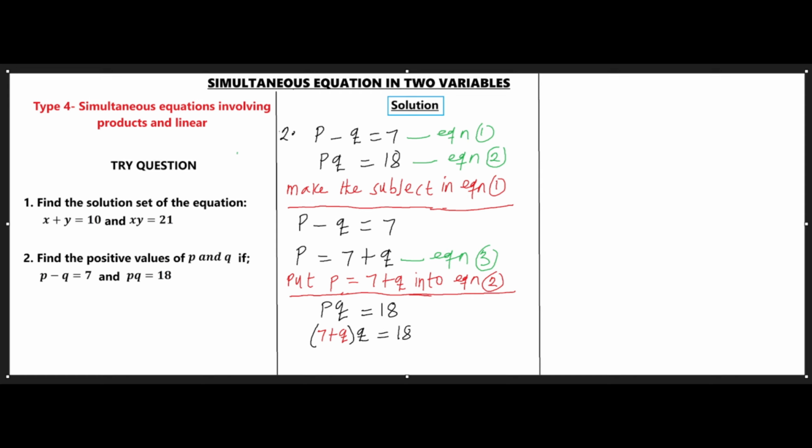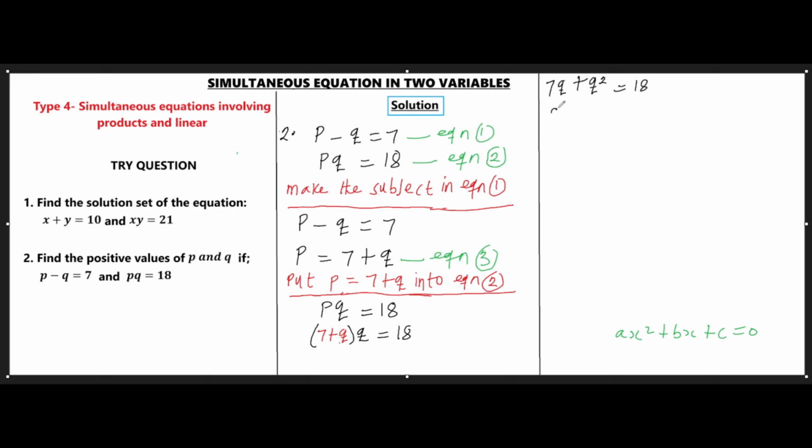Now let's expand. 7 by q, we have 7q, and then q by q, we have q squared, and this must be equal to 18. See that we are getting a quadratic equation. You know that a quadratic equation is always of the form ax squared plus bx plus c is equal to 0. So let's rearrange this into this form.